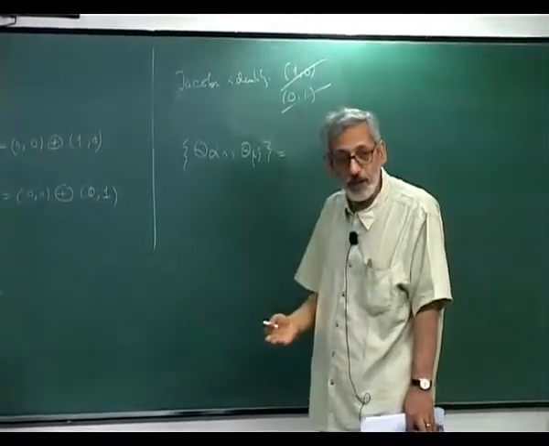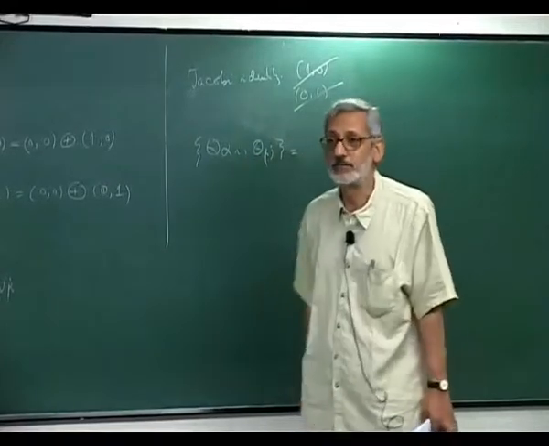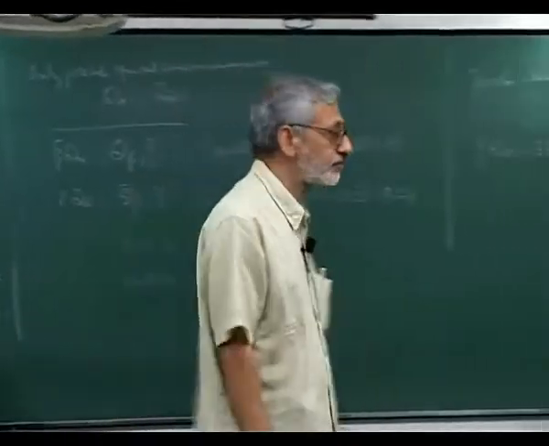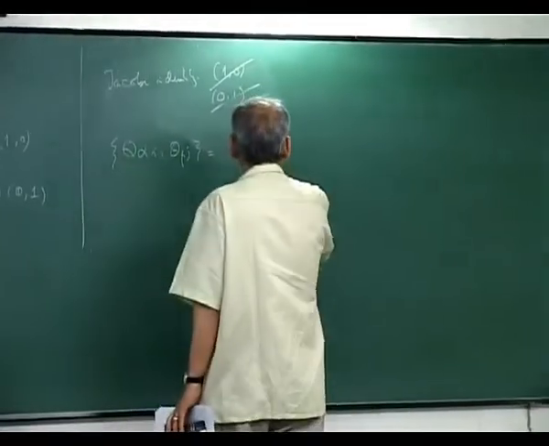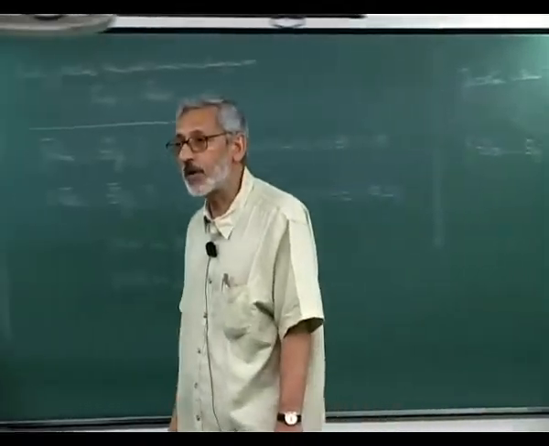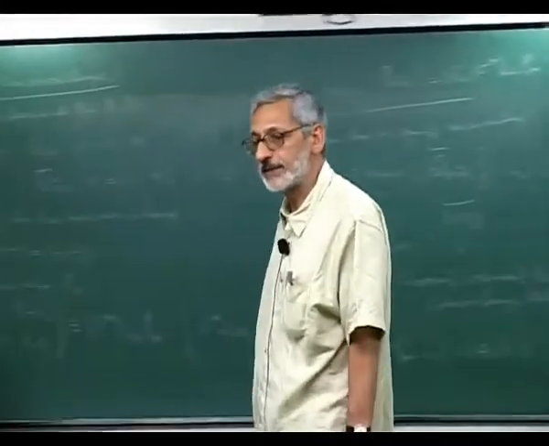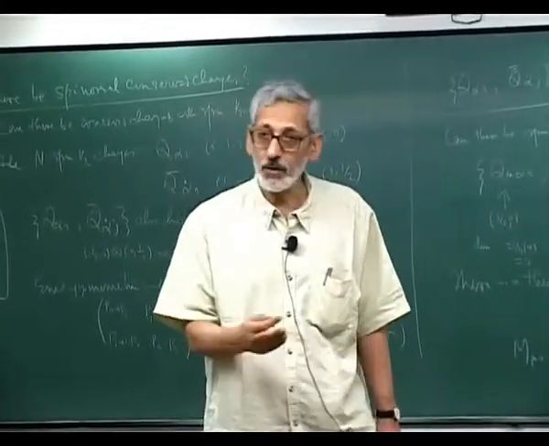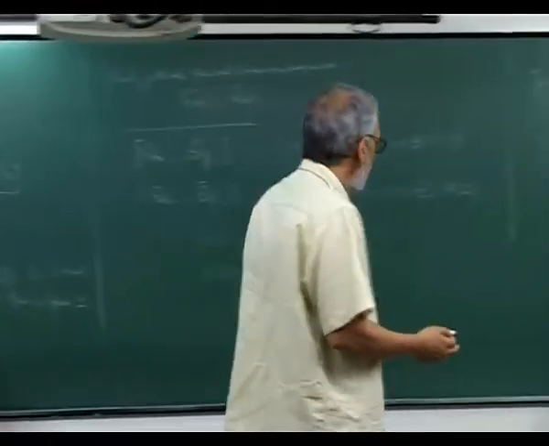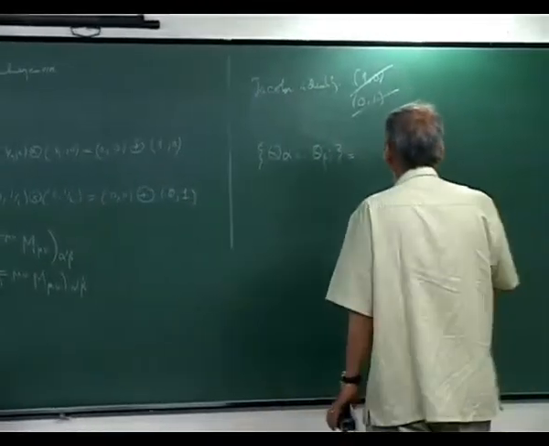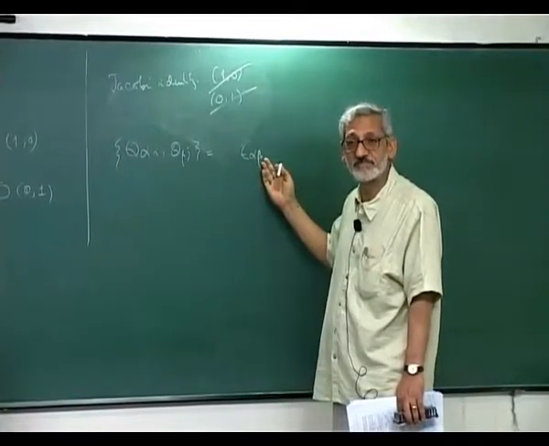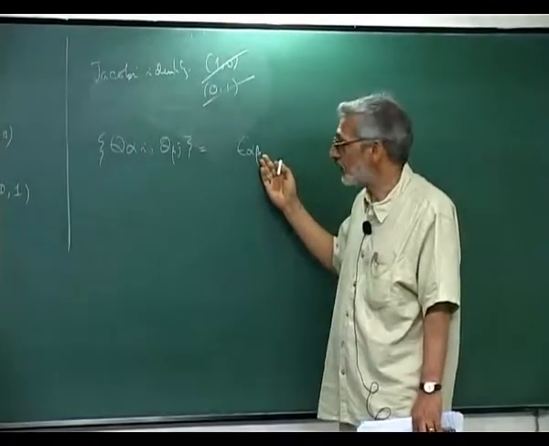What is a Lorentz invariant object with two indices alpha and beta? It has to be proportional to epsilon alpha beta, because that's the only Lorentz invariant object we have with spinorial indices, which is unchanged by Lorentz transformation. So it has to be proportional to this.